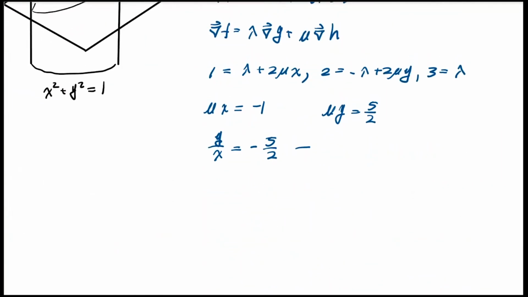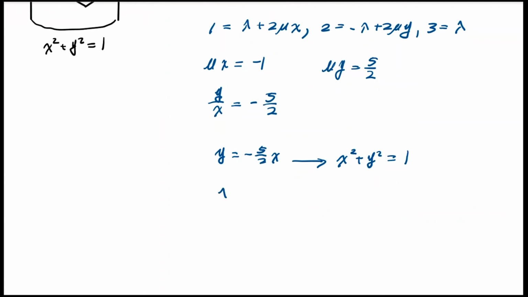So we are going to substitute this into x squared plus y squared is equal to 1. Well, I'm not going to substitute that expression because that looks weird. So let's say y is equal to negative 5 over 2 x and then substitute that in. How about that? Good. So we'll have x squared plus 25 over 4 x squared is equal to 1.